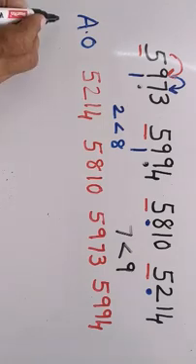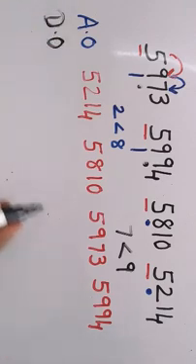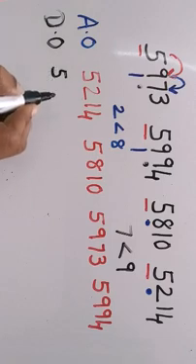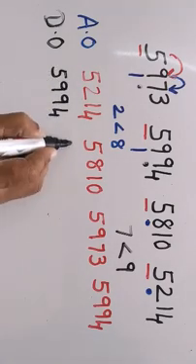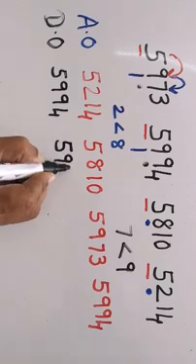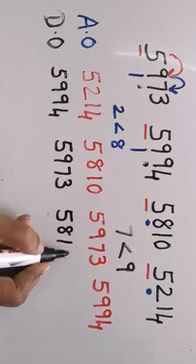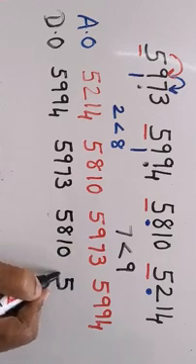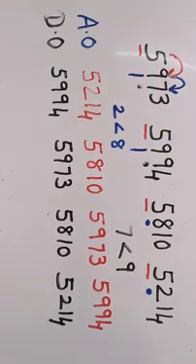Greatest to the smallest. So this is my descending order. It will be 5994, then 5973, then 5810 and 5214. Right?